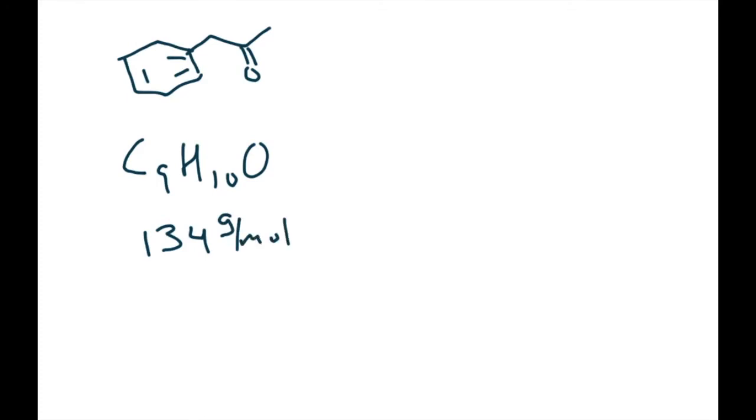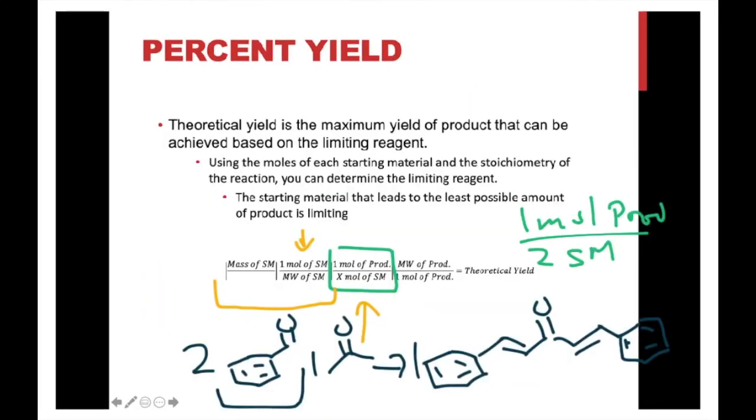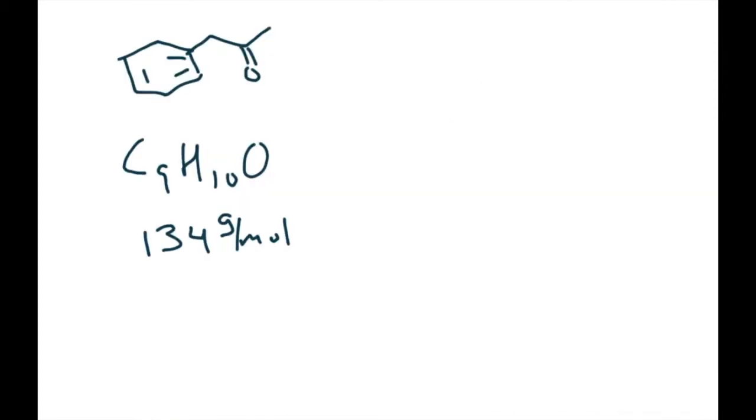Sweet. So if we look at our previous little equation, right? There we go. I need my mass of my starting material, and then I need the molecular weight. So my mass of phenylacetone is 2.4 grams. So we're going to say 2.4 grams, right?